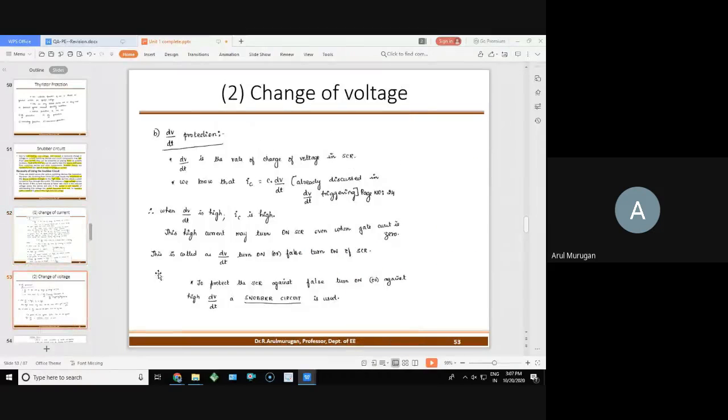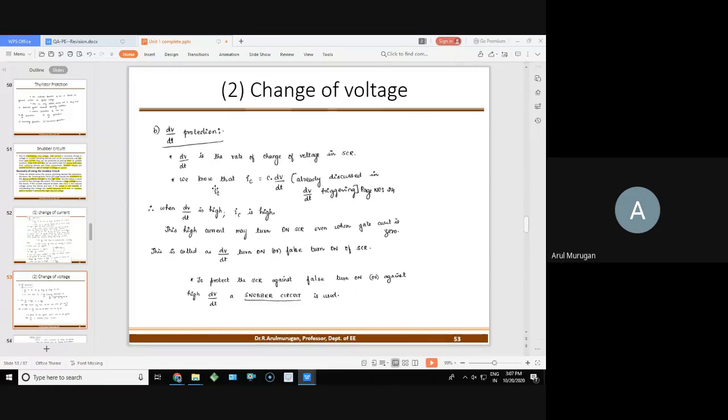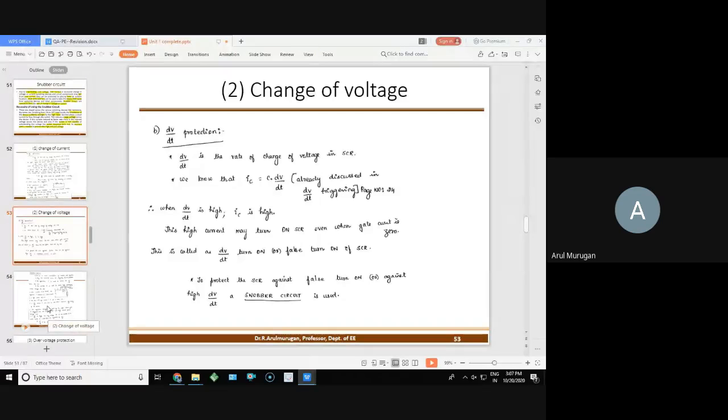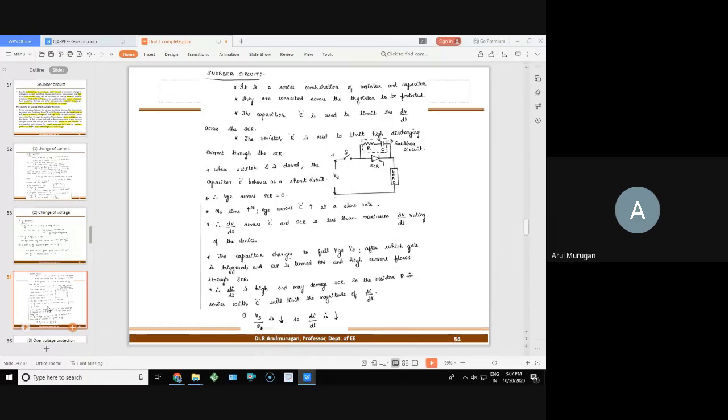Then let's move to dv/dt. High voltage flows suddenly, for example in a transmission line. In the substation, some changes of the voltage will flow, sudden voltage fluctuation, low voltage, high voltage.